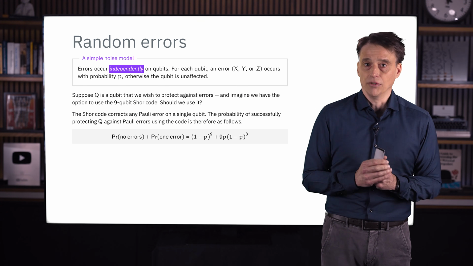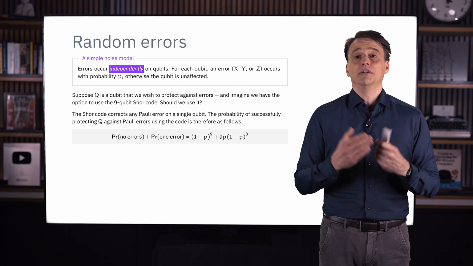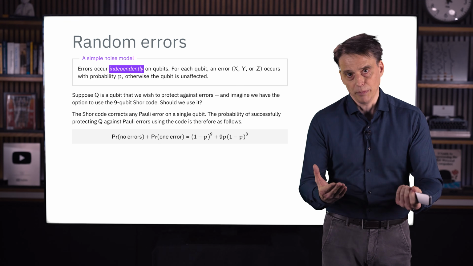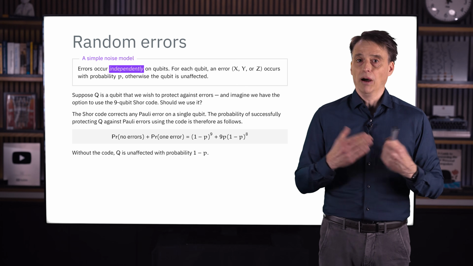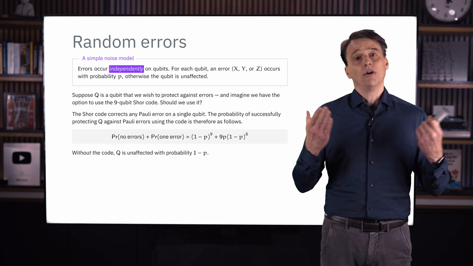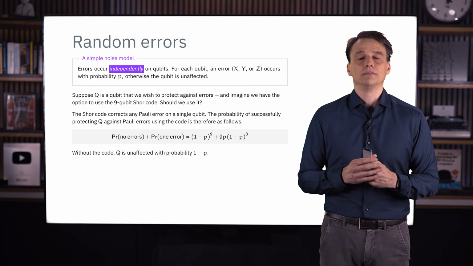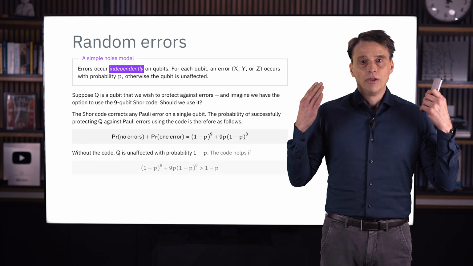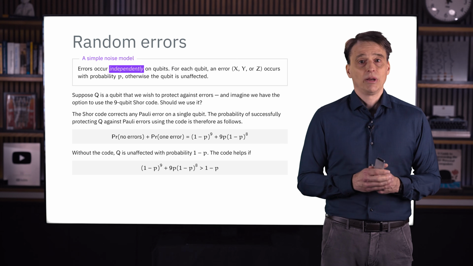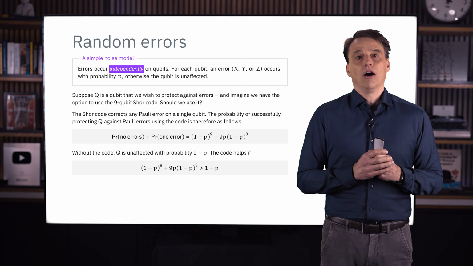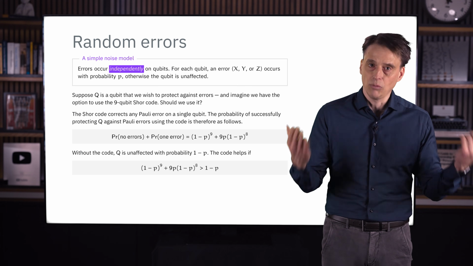And considering that there are 9 different qubits that could possibly be affected, this happens with probability 9 times p times (1 minus p) to the power 8. On the other hand, if we didn't bother using the code, our one and only qubit would be unaffected by an error with probability 1 minus p. So the code only helps when the first probability is larger than the second, because these expressions represent our probabilities of success in the two cases, when we use the code and when we don't.